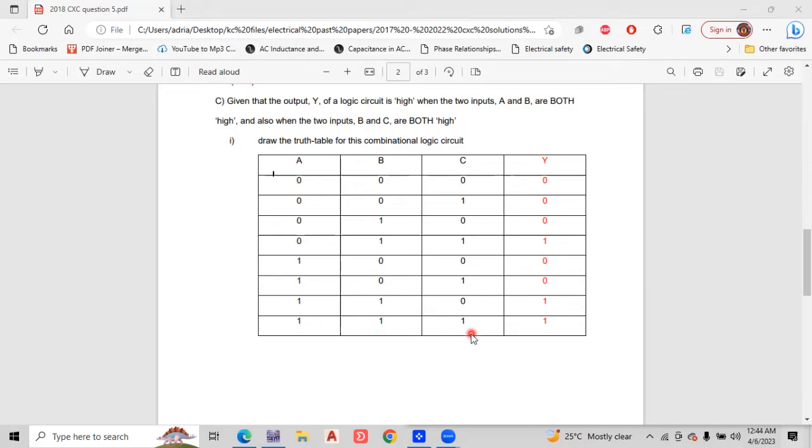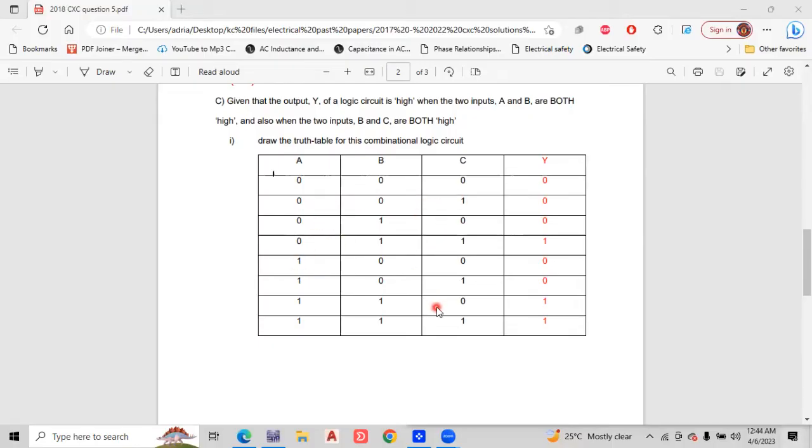So all you have to do is to enter the number of possible combinations where ones and zeros are concerned. And remember, any combination that you have entered for the input side cannot be repeated. So if you look at what I have here, the combinations for A, B, and C haven't been repeated.